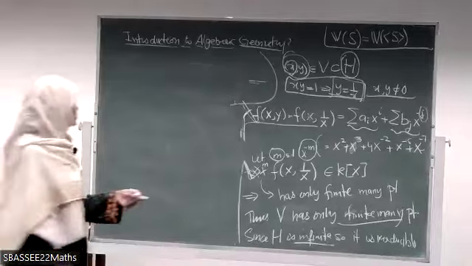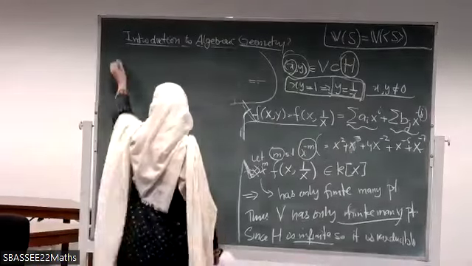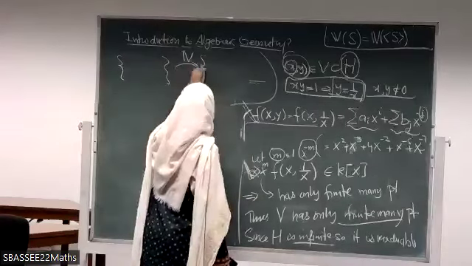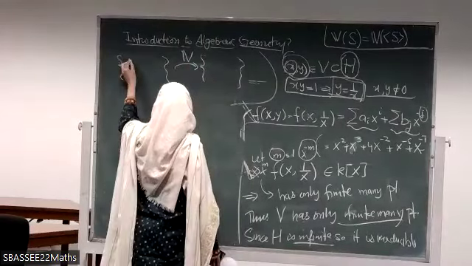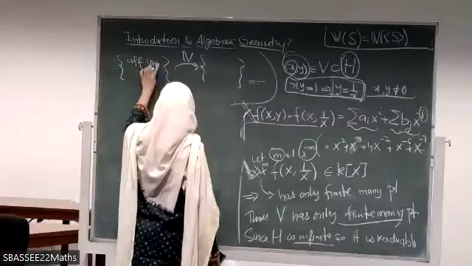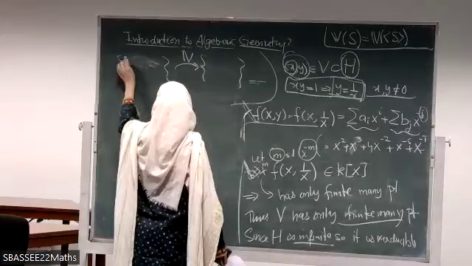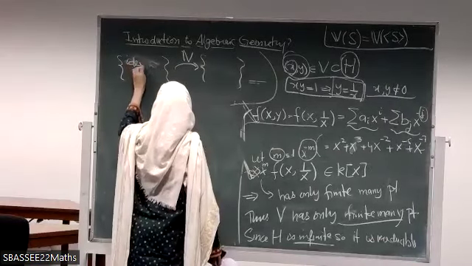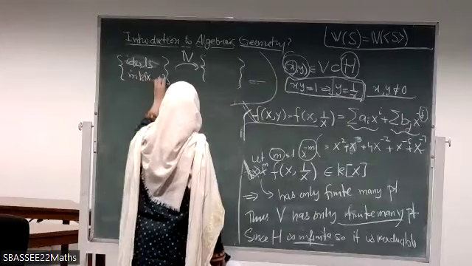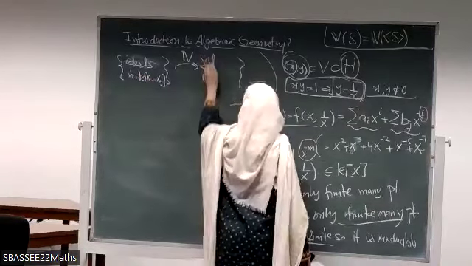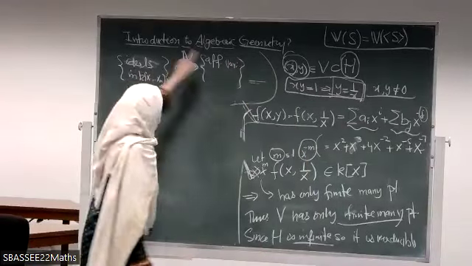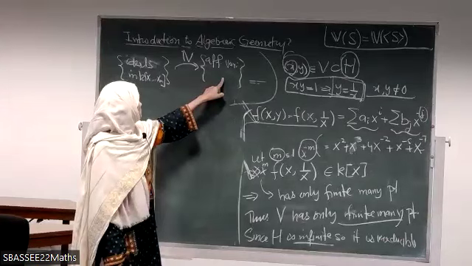Not a mapping from X to Y. If you remember, I have written this setup many times. You have here polynomials, because I'm taking ideals, and here we have affine varieties. So this gives you a map from here to there.